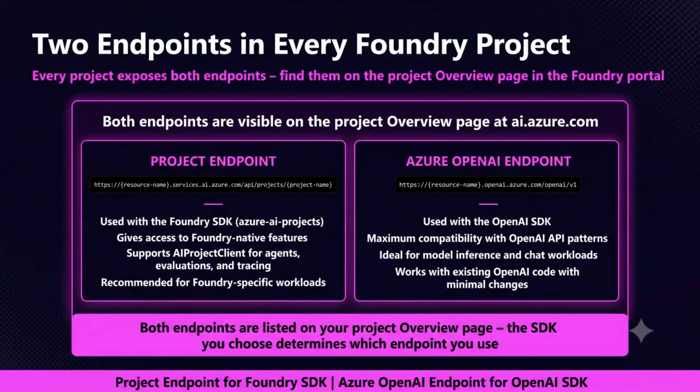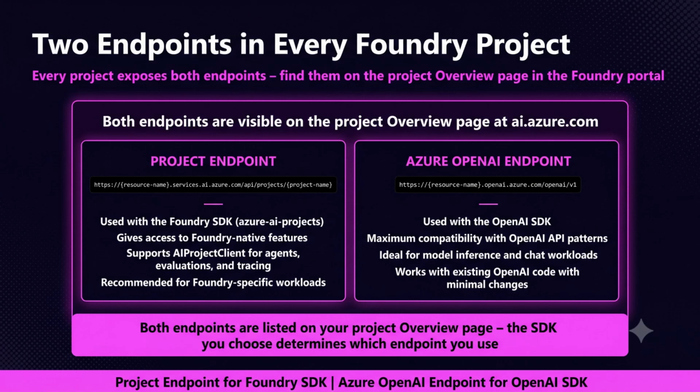Let us start with the two endpoints. Every Microsoft Foundry project exposes two distinct endpoints, and you can find both of them on the project overview page in the Foundry portal. The first is the project endpoint.